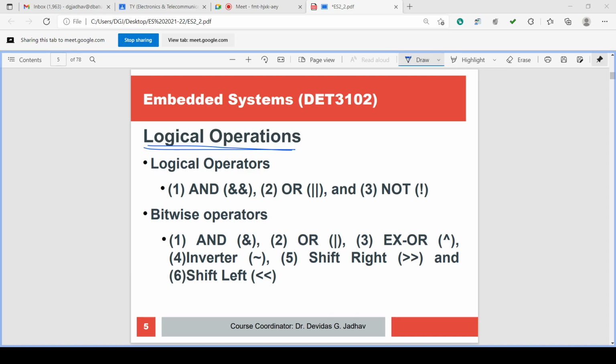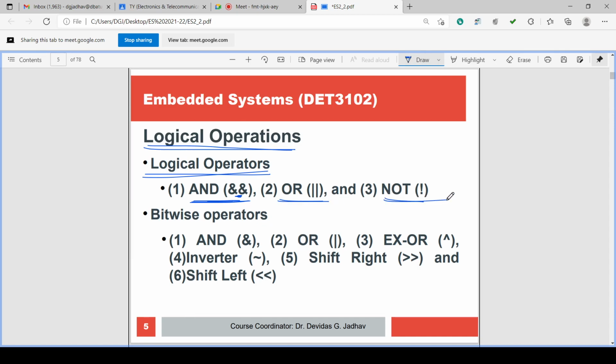Similarly, there is a shifting operation on digital numbers. The logical operators: ANDing is double ampersand without any space in between. ORing operation is two vertical lines, and NOT is one exclamation mark. The ampersand is Shift 7, isn't it?